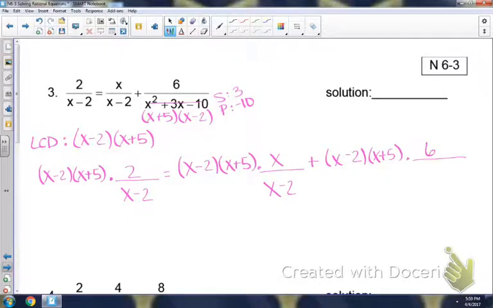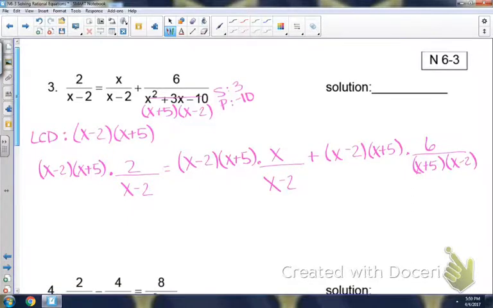Make sure that you write the factored form, so x plus 5 and x minus 2. Okay, so we're going through to get rid of those fractions.